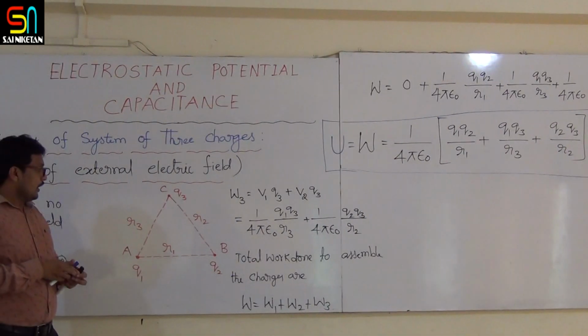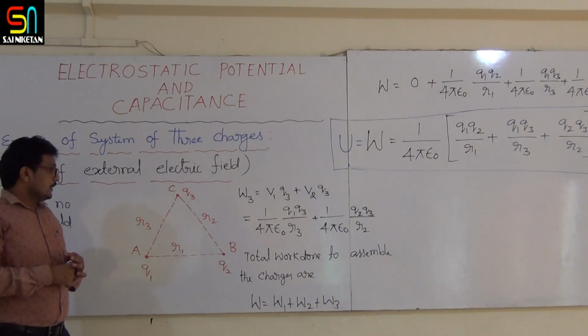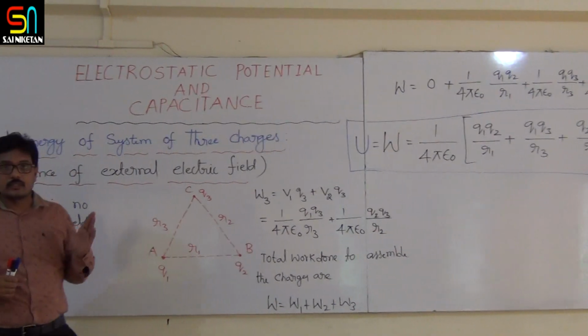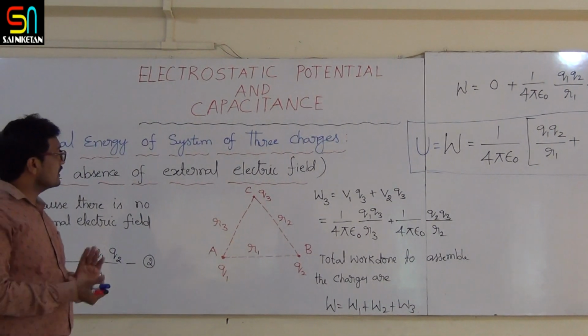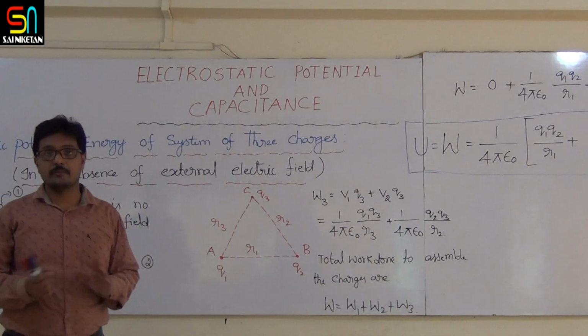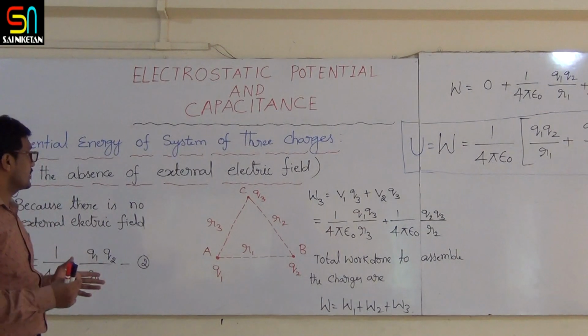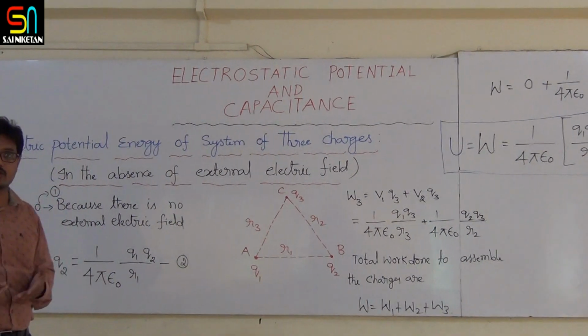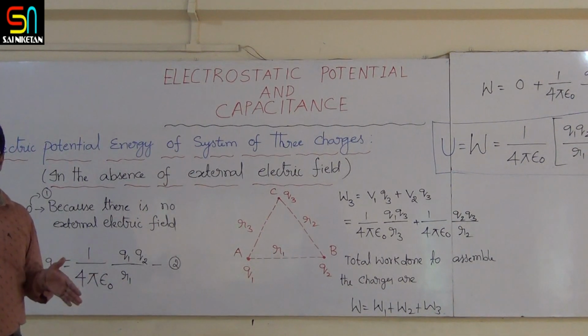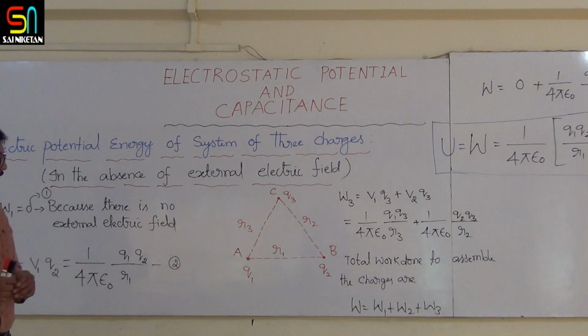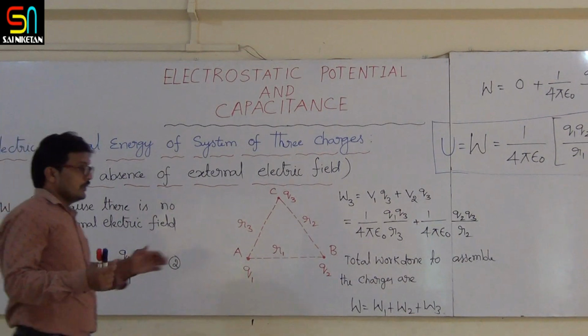And one more thing, I already explained that it is applicable only for conservative forces. If the charges are like charges, then what happens? What type of potential energy is it, negative or positive? Because the potential energy may be positive, may be negative, may be zero.